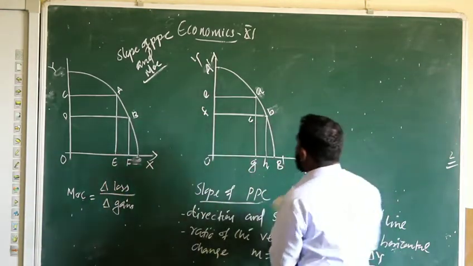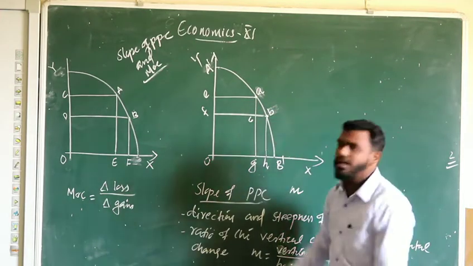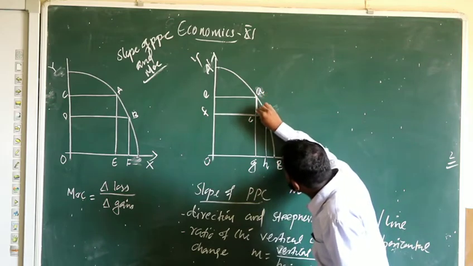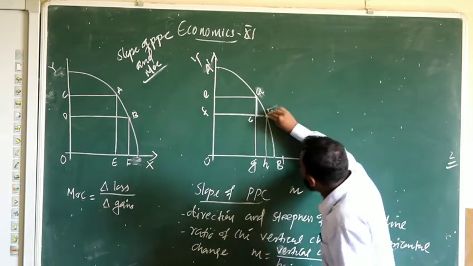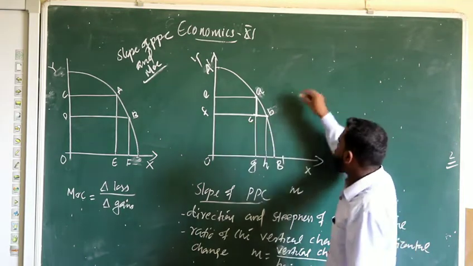Firstly we need to point out the points A and B. After finding these points, just draw a vertical line and a horizontal line. Both are intersecting at point C.